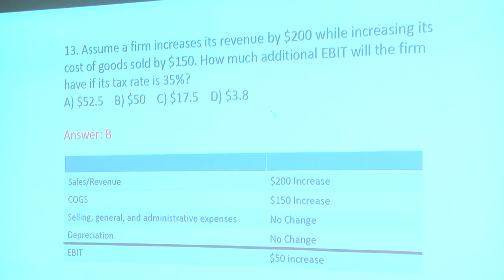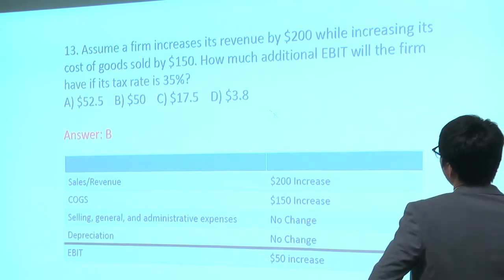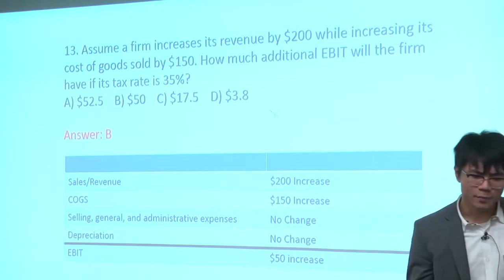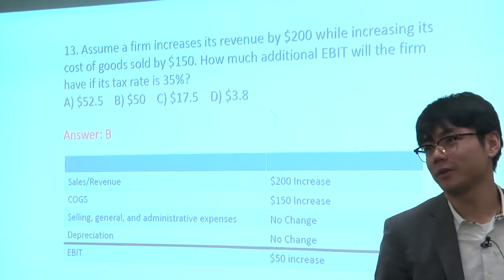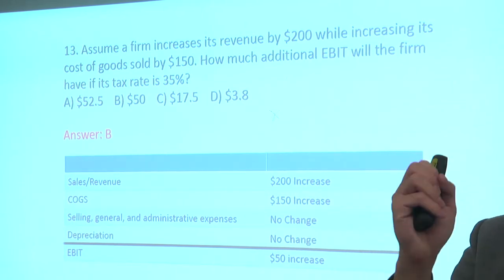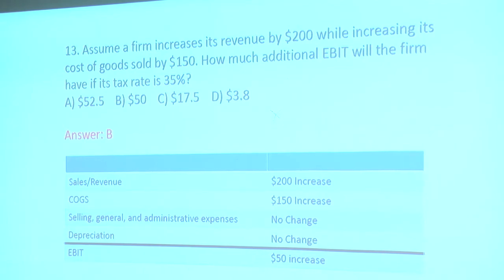Do not stop halfway and start doing the question, please. So to solve this problem, first of all, answer me this. Does EBIT, earnings before interest and tax, have anything to do with corporate tax?